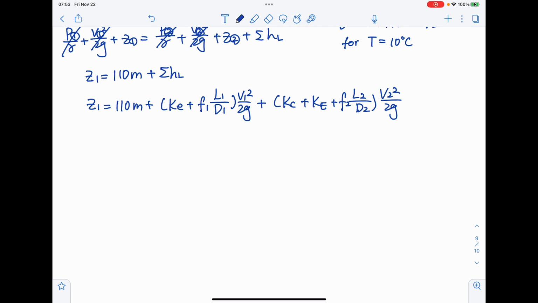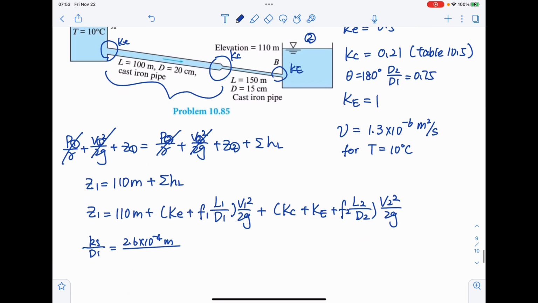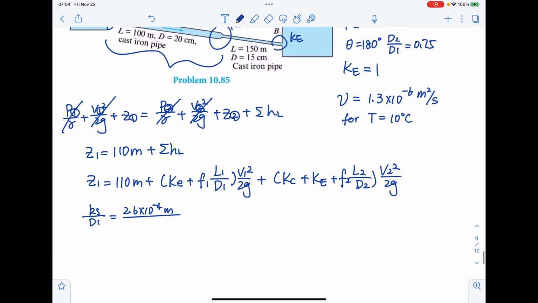So now we're gonna find f1 and f2, similar to the last problem. So Ks over D1 is equal to 2.6 times 10 to negative 4 meter. D1 is 20 centimeters, which is 0.2 meter.